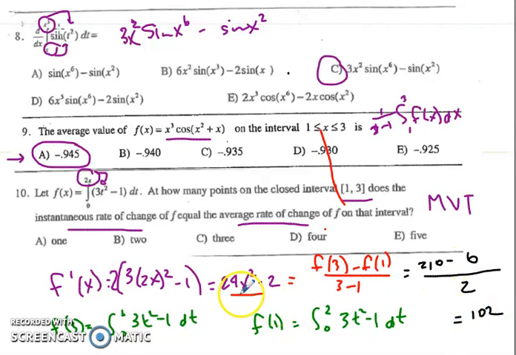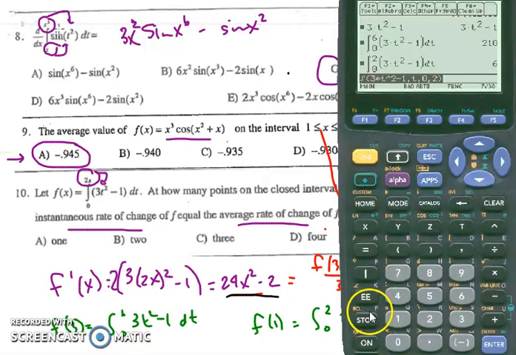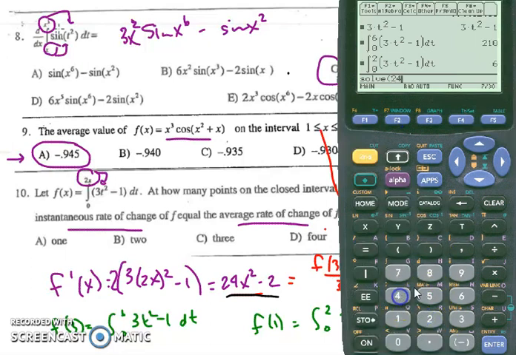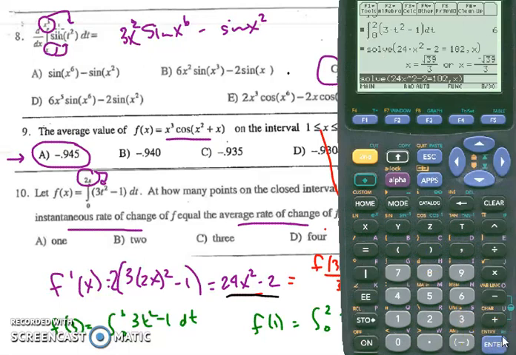So the question is, where is 24x squared minus 2 equal to 102? So let's go solve and find out. Solve for 24x squared minus 2 equals 102. Solve it for x and hit enter.